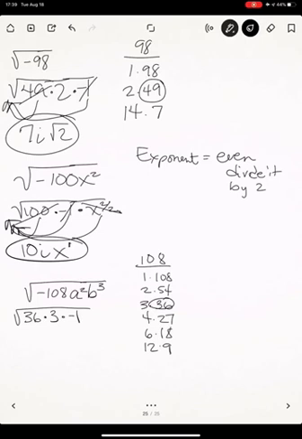Now we come over to our letters. All right, we have a to the second. Remember, it's an even exponent, so we're just going to leave it as a to the second. Now b to the third, now that's an odd number.